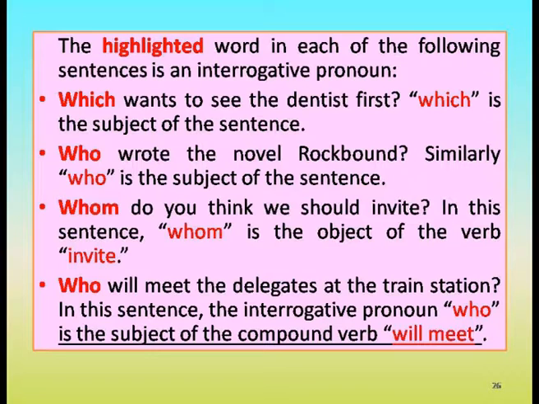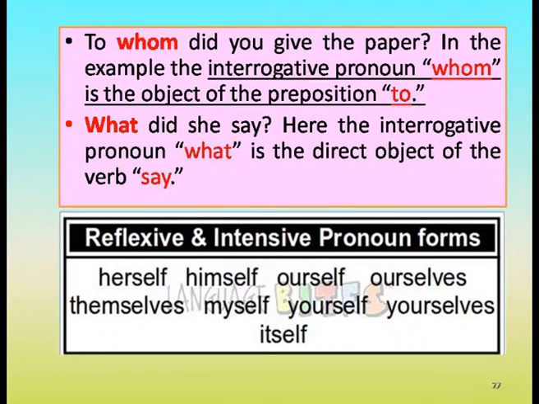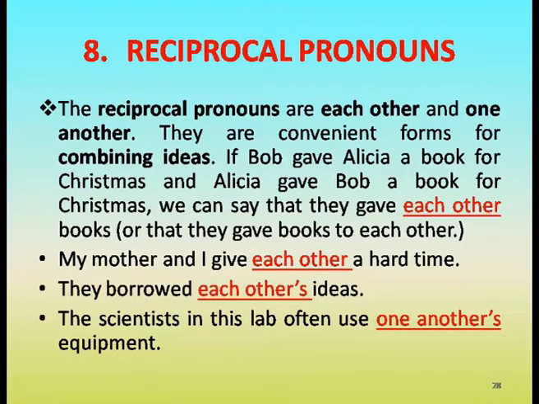In this sentence, the interrogative pronoun who is the subject of the compound verb will meet. To whom did you give the paper? In the example, the interrogative pronoun whom is the object of the preposition to. What did he say? Here the interrogative pronoun what is the direct object of the verb say.